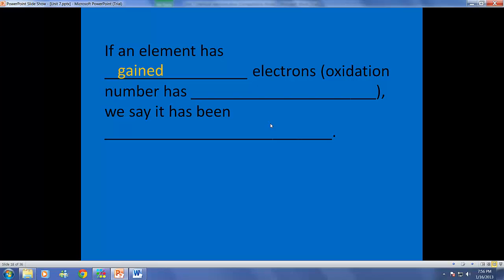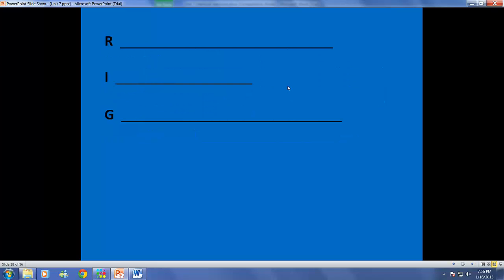So let's look at the opposite. What if an element has gained electrons? That means you're going to see a decrease, or the oxidation number is going to get more negative. When I say a decrease, it's going to become more negative because it's gaining negative electrons. If that happens, we say it's been reduced.